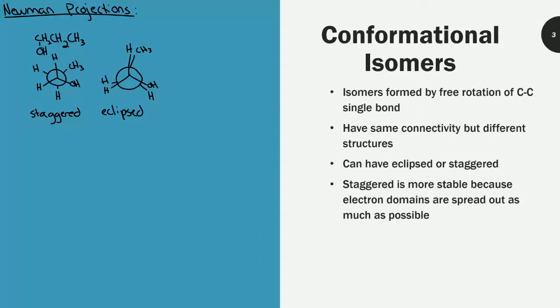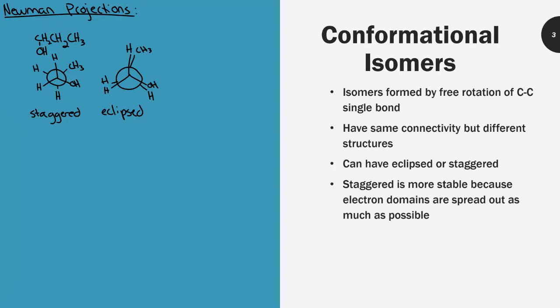So the first thing we went over was conformational isomers, which, if you remember that flow chart thing, it broke it up into conformational isomers and the other one, but I don't remember what it's called. But conformational isomers are formed by free rotation of single bonds.